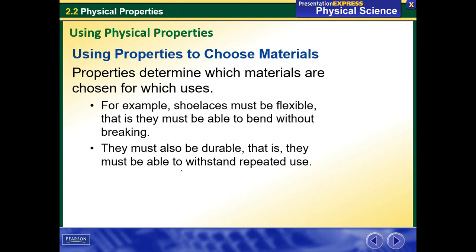The second reason we study physical properties is to be able to choose good materials for what we're trying to accomplish. So properties determine which materials we're using based on what their function is going to be. A good example that your book gives is shoelaces. A couple properties that we want: we want them to be flexible because we bend shoelaces, and we don't want them to break.